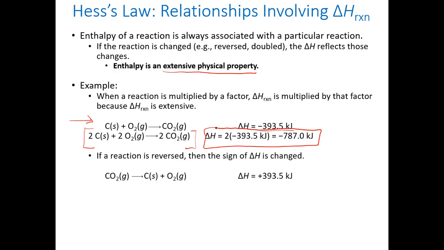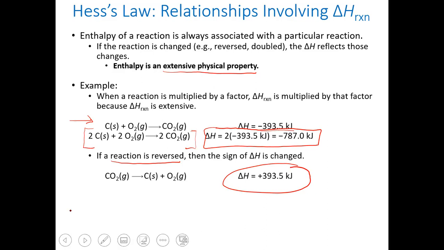So whatever you do to the reaction, you also have to do to your delta H. One other thing you could do is reverse the reaction. If you reverse the reaction, your original products now become reactants and vice versa. So that changes the sign of your delta H. If you reverse a reaction, you change the sign on your delta H.